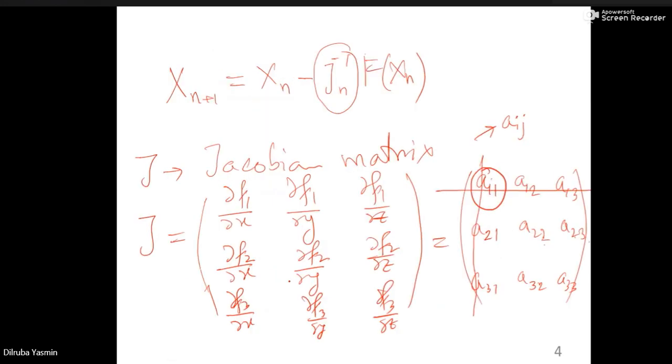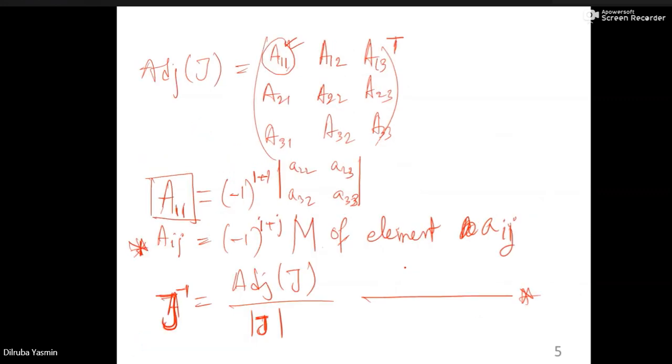You have to find the determinant of the Jacobian. If you get this not equal to 0, then only will you get the inverse Jacobian matrix, otherwise not. So when you have the inverse Jacobian matrix, you can easily apply this matrix format. Let me show you.